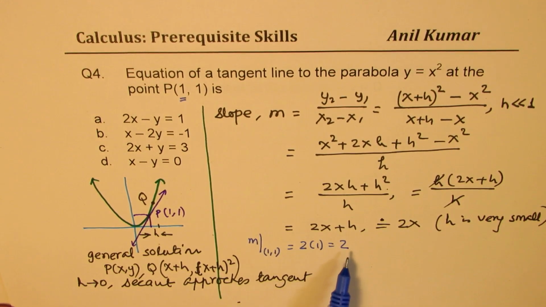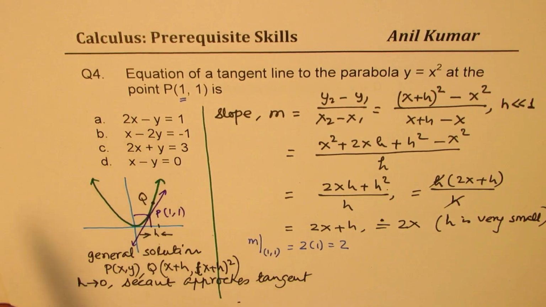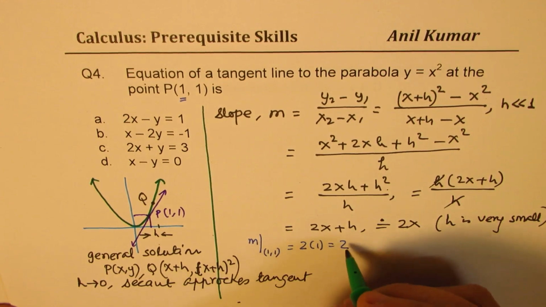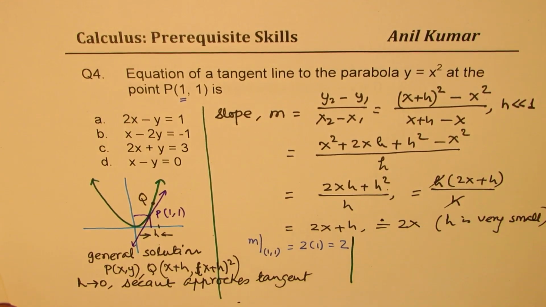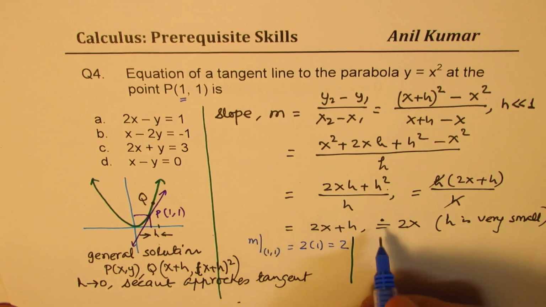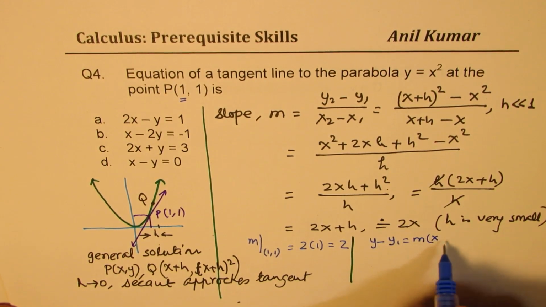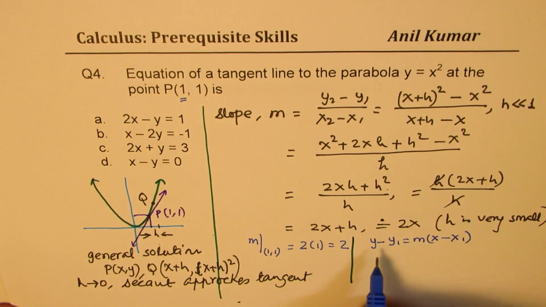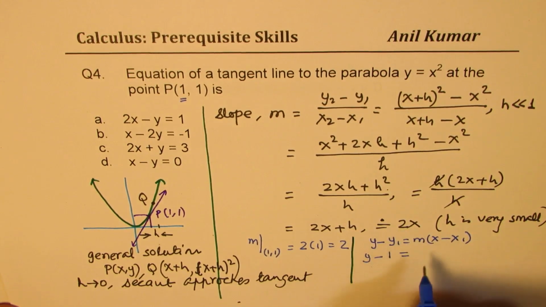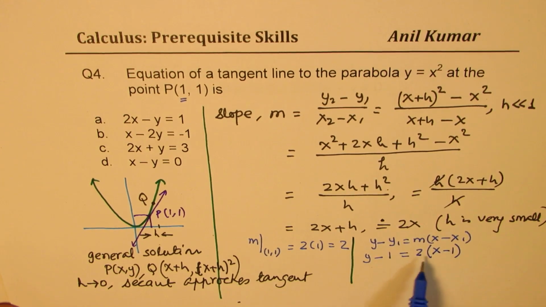And now we can write down the equation of the line in standard form: y minus y1 equals m times x minus x1, correct? Here y1 is 1 for us. The slope we just found to be 2. So it is 2 times x minus 1, correct? So we can just open and rearrange to get the answer.